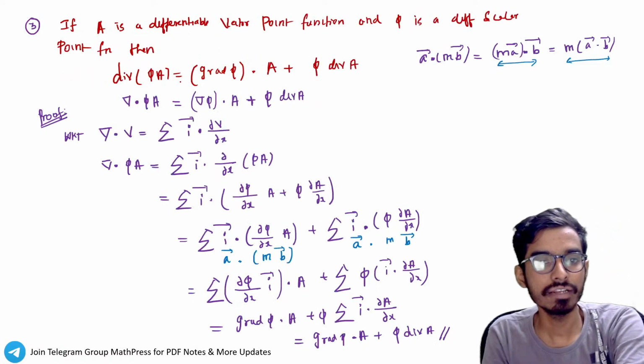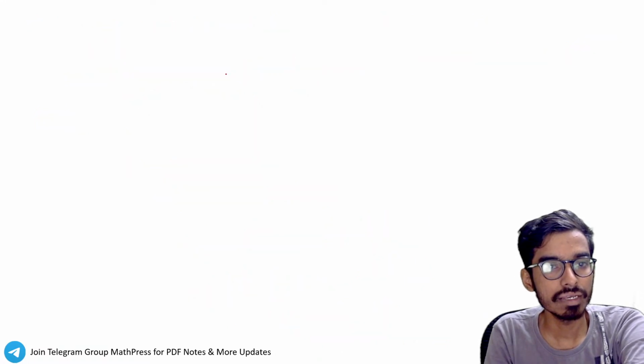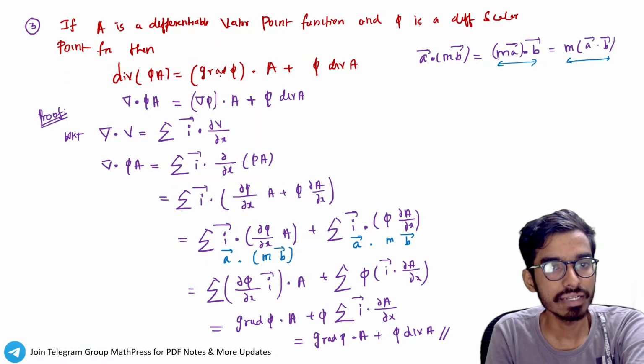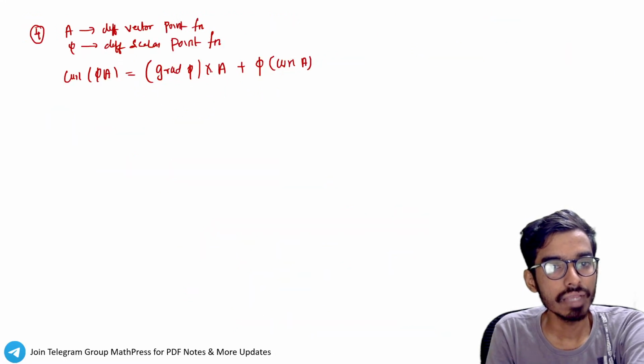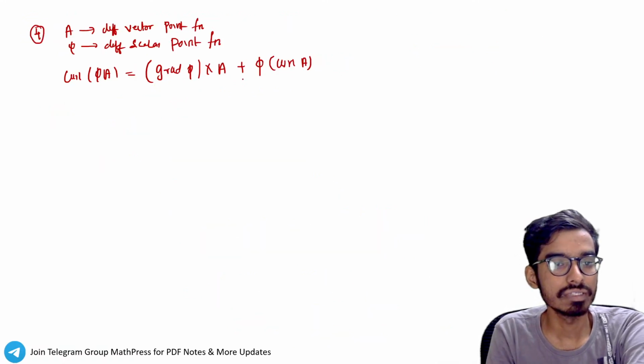So same here, instead of grad phi dot, we have cross here. That's it. Here we have dot, here we have cross, and here we have curl A, where before we had divergence of A. That is the only difference, right?